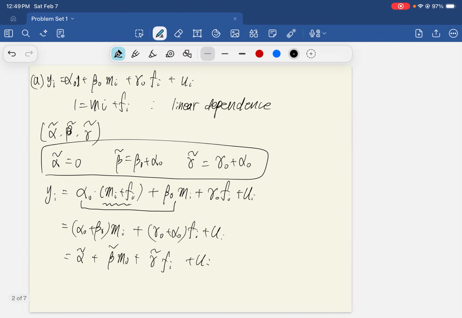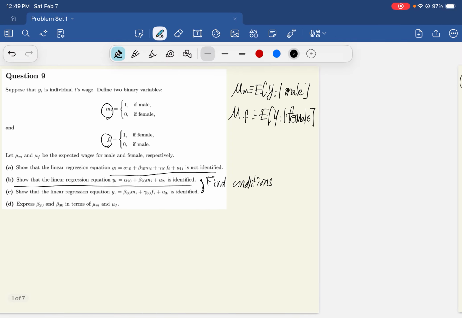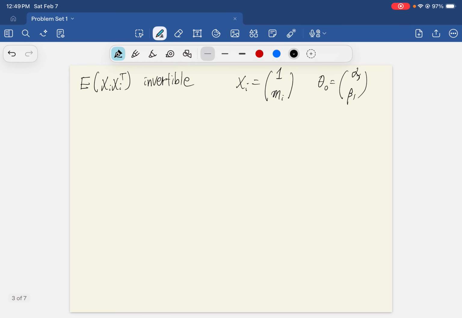Sorry about that: alpha 2,0, beta 2,0. So our model is y equals alpha 2,0 plus beta 2,0 m_i plus u_i, and we use the general vector notation like this.